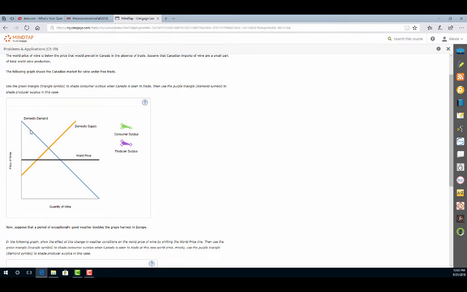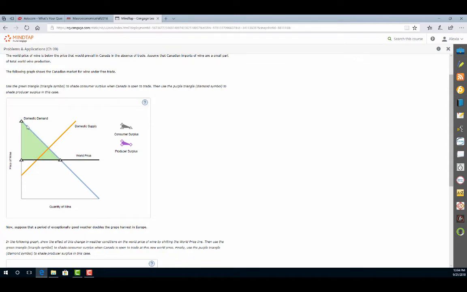So consumer surplus is the difference between what a consumer is willing to pay and what they actually pay. So the consumer surplus here, I'm just going to do this, is you bring this. So do you see I left clicked, and then you're going to shade in this area of consumer surplus.